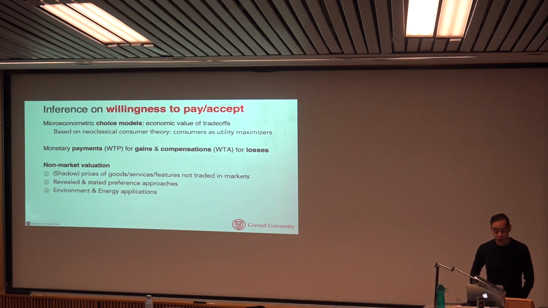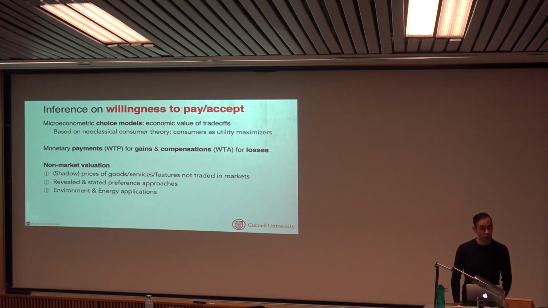One thing that we do with choice experiments and choice models that is very relevant in the context of environmental resources and energy is what we call inference on willingness to pay or willingness to accept. We face a situation that is very common in environmental and energy applications: when there is no actual market. When there's a market, I can go to the supermarket and see how much it costs to buy a yogurt.